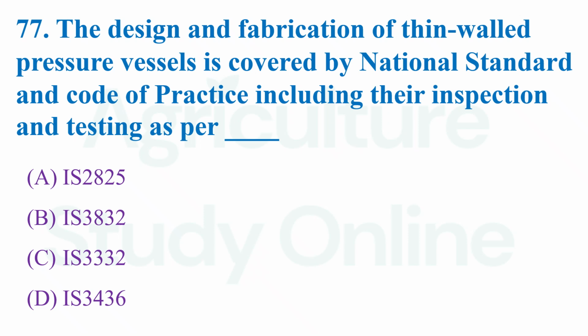IS 3832, this is not a related one. IS 3332 covers the design and fabrication of thin-walled pressure vessels, and it includes the inspections and testing. So correct option will be option number C. So for thin-walled pressure vessels, IS 3332.